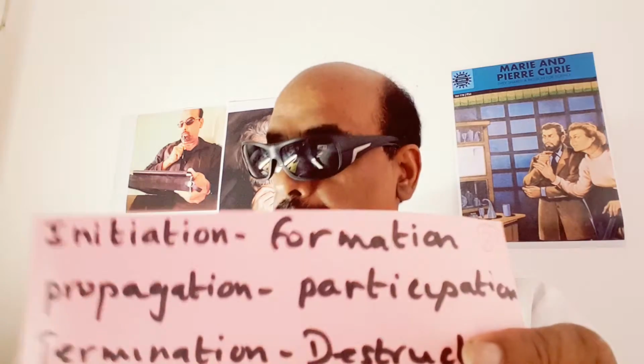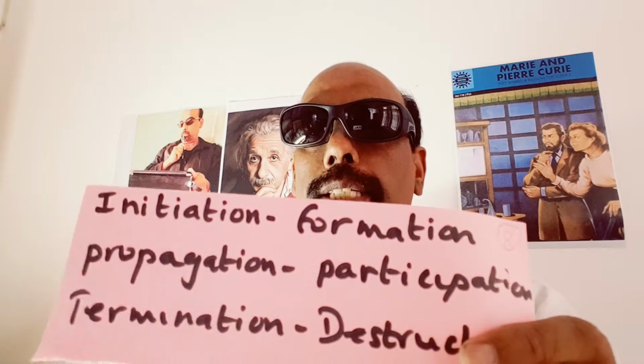Free radicals such as Cl dot take part in radical addition or radical substitution reactions. They are reactive intermediates. Chain reactions involving free radicals can be divided into 3 steps: initiation step, propagation step, and termination step.